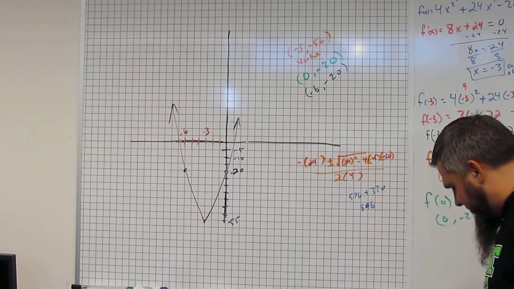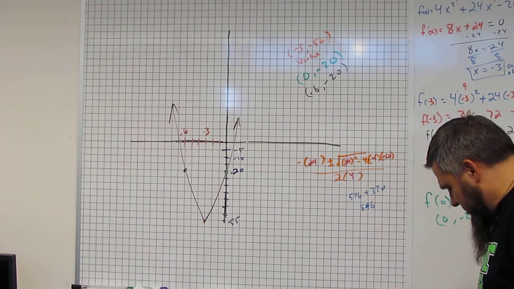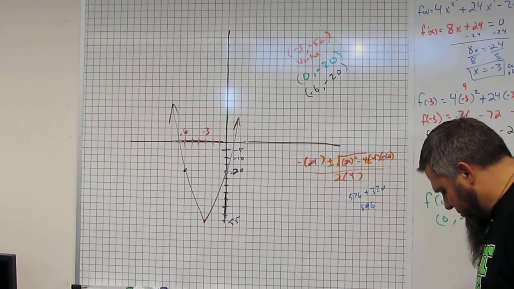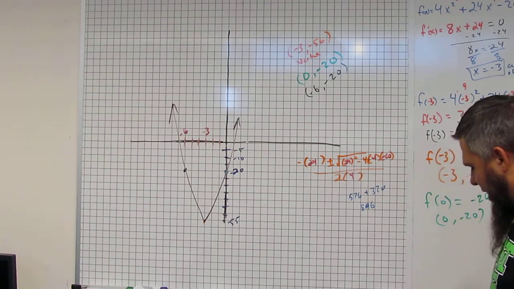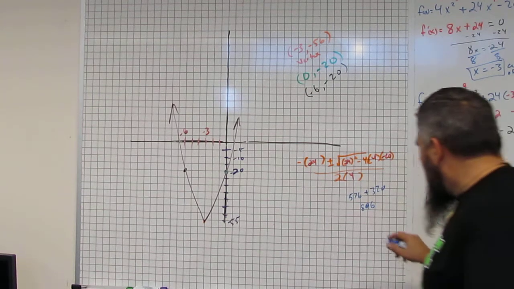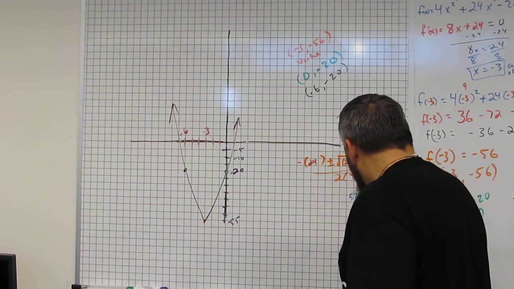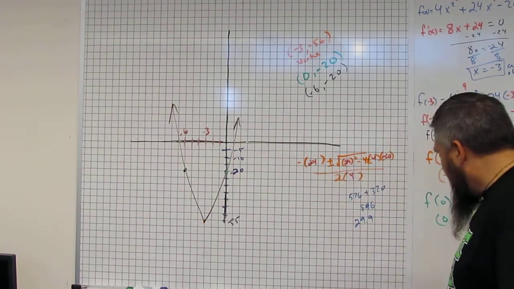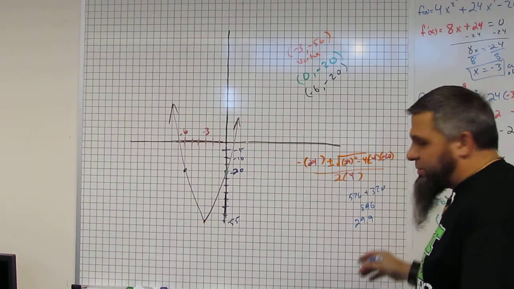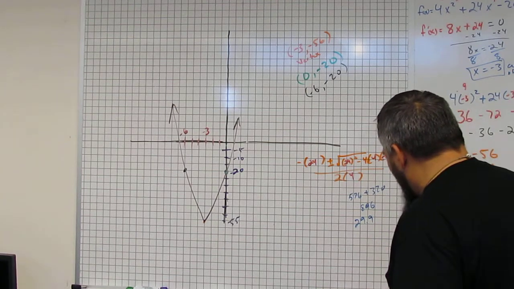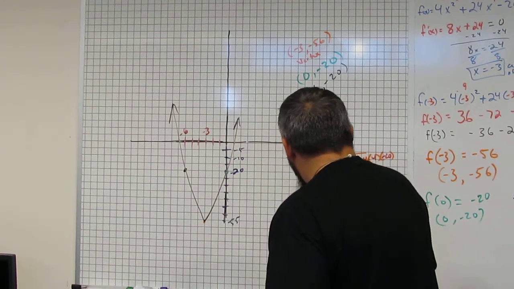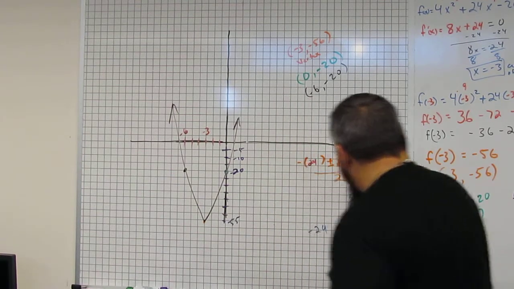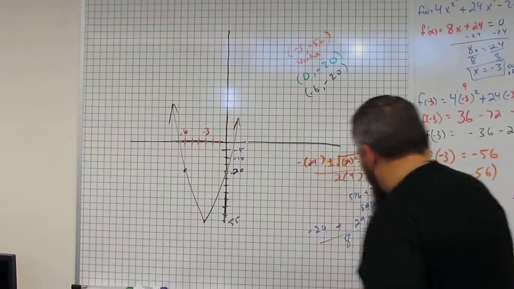Then we take the square root of that. It's 29.9. So we're at approximately 30, right? But 29.9, and then we got negative 24 plus that, divided by 8.